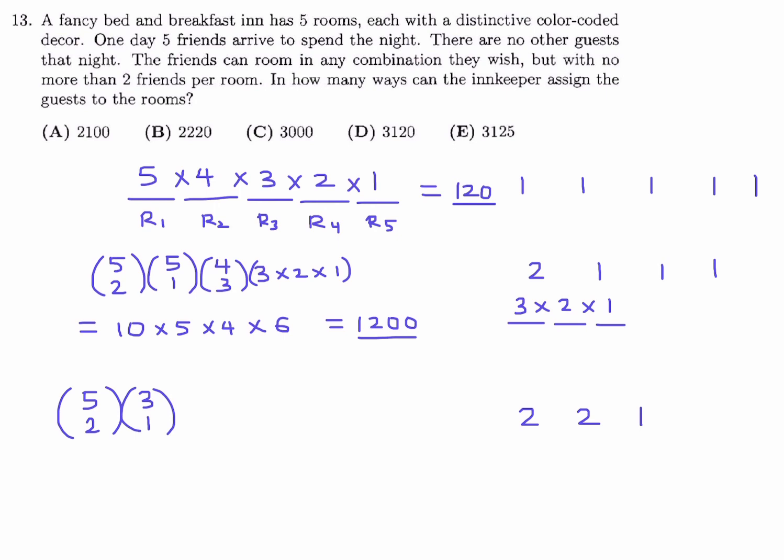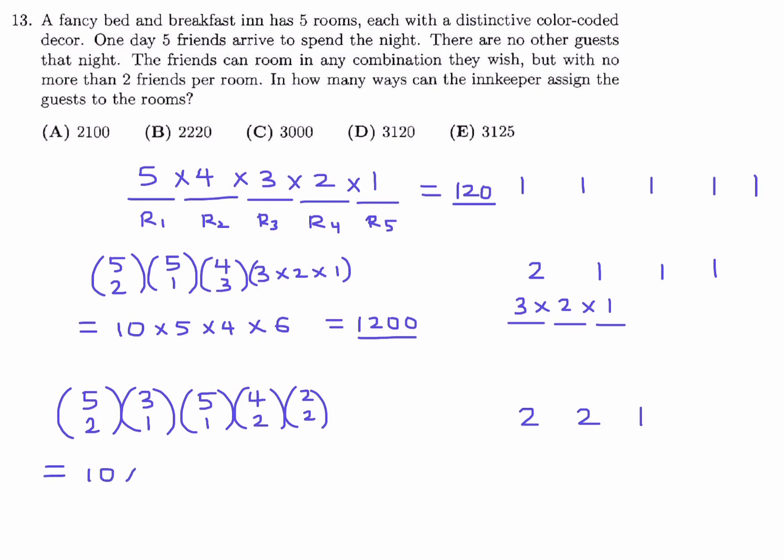Now we have to assign the friends. From the 5 friends, we have to choose 1 friend. That's going to be the guy who rooms alone. And then from the remaining 4 friends, we have to choose 2 that are going to be those guys. And then from the remaining 2 friends, we choose 2 friends that are going to be these guys. And that is the math for this scenario.